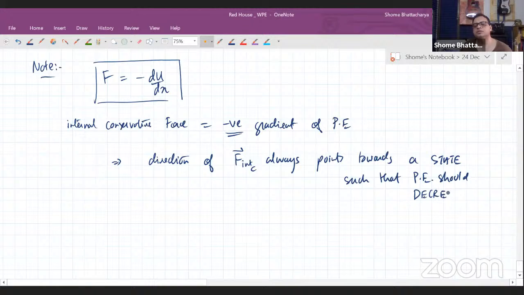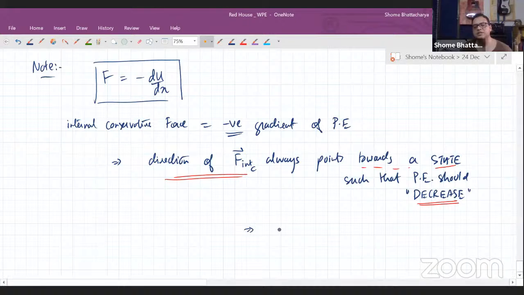I'll explain this point with a couple of graphs also. So the direction of the internal conservative force in a system always points in such a way that it tries to take the system to a configuration or state where the potential energy will tend to decrease.